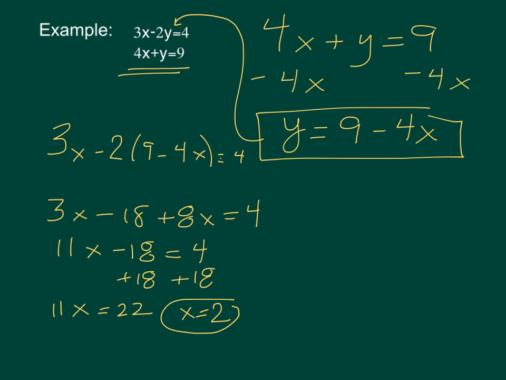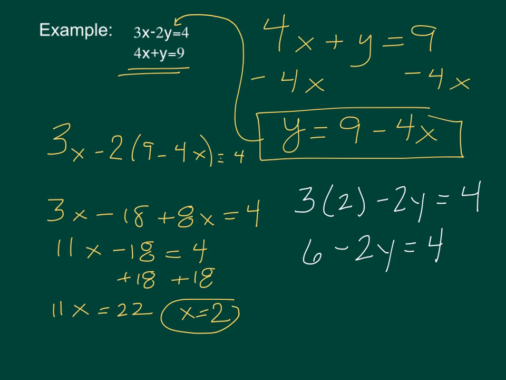That's only half of the solution. We're going to find the other half by plugging the 2 into one of the original equations. I'm going to use the first equation: 3 times 2 minus 2y equals 4. 6 minus 2y equals 4.